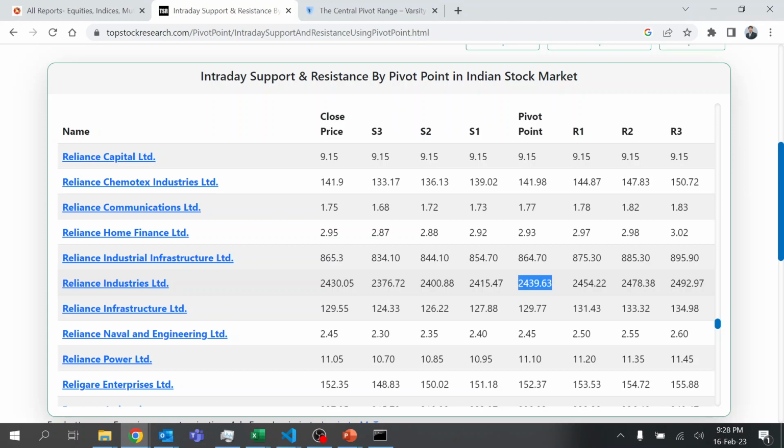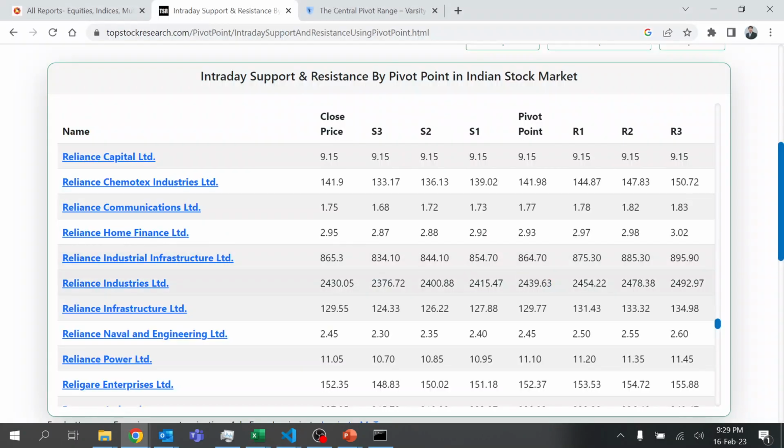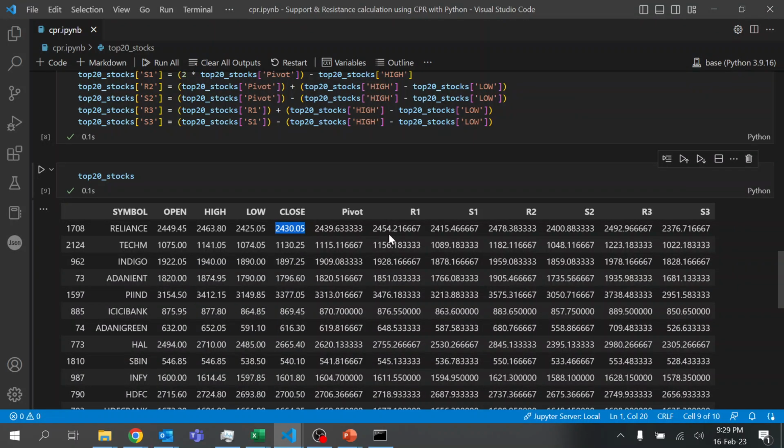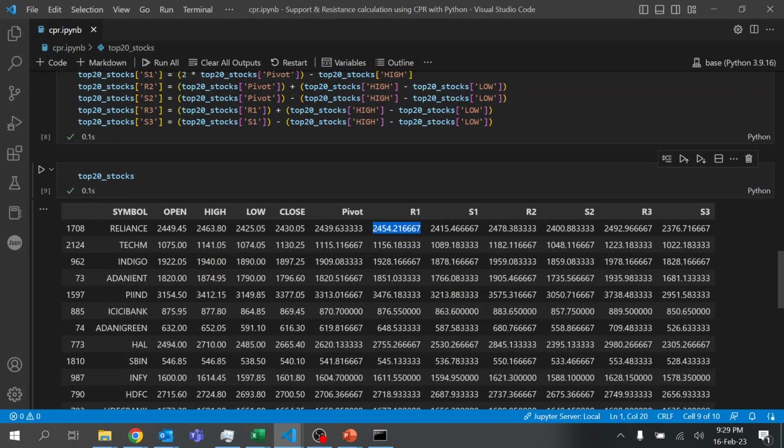Let's check the pivot value of Reliance over here, 2439, 2439, and look at R1 level 2454. We are seeing 2454, and let's look at the S1 level. It's 2415. It's 2415. So the QC is also done. The stocks' support and resistance levels are calculated.